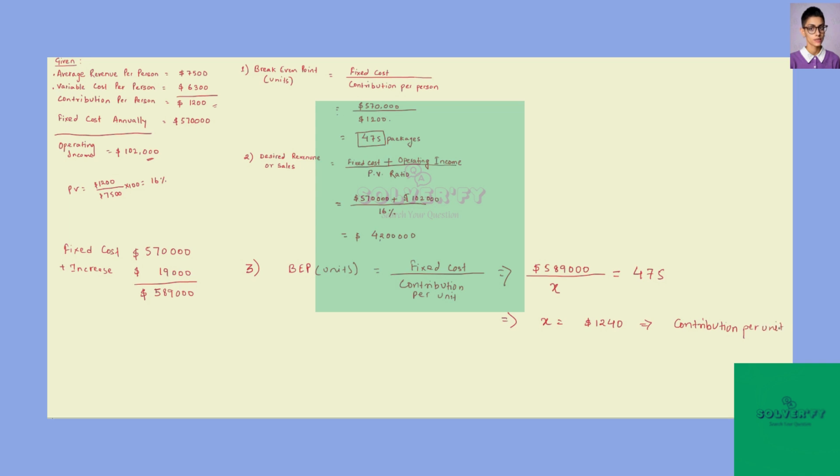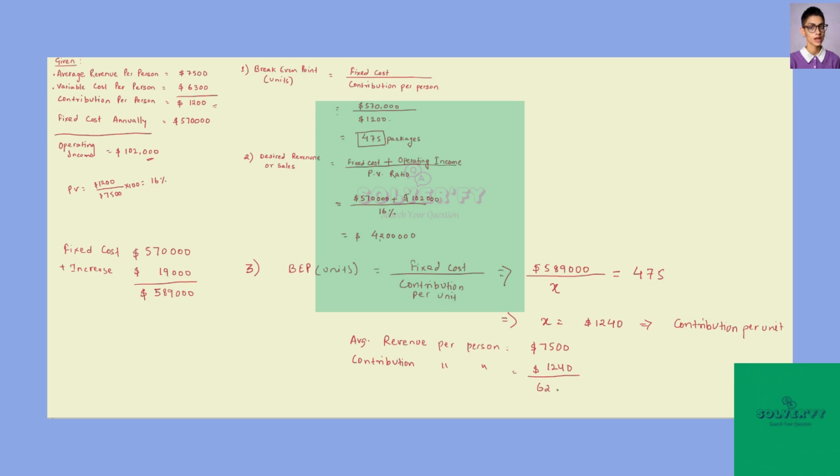So what amount of decrease do we need in the variable cost so that our contribution is this much? So we will calculate this one. We know that average revenue per person is $7,500, and the new contribution that we have calculated per person is $1,240. So if we subtract these two items, then we are going to get our variable cost per person.